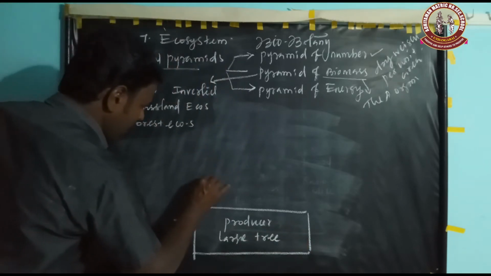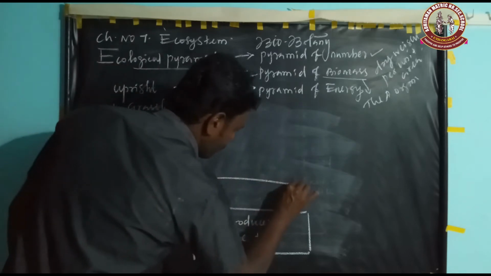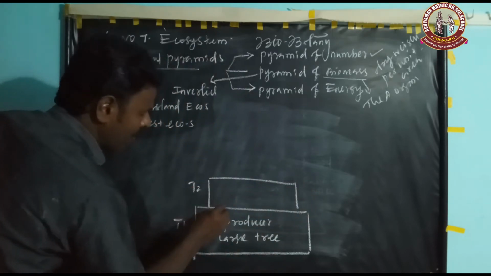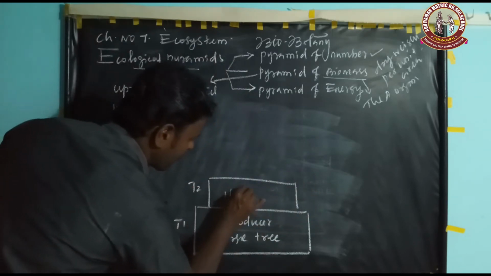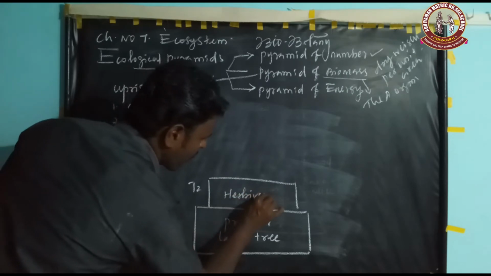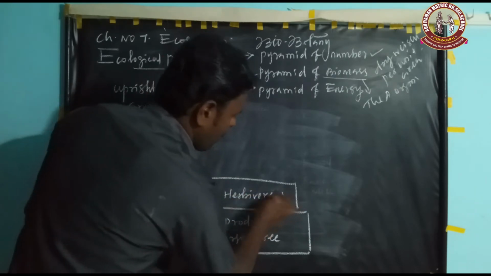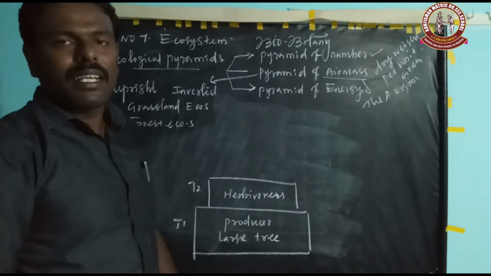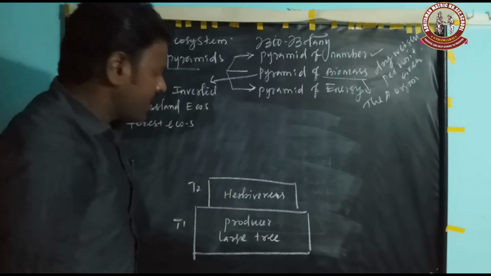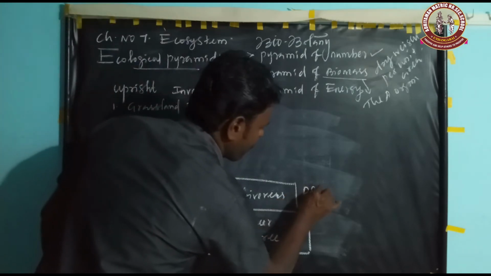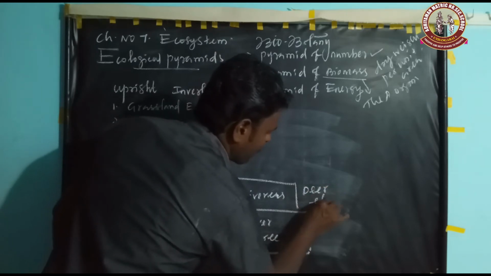And then trophic level 2 is herbivores. Herbivores are plant-eating animals, for example deer and elephant.